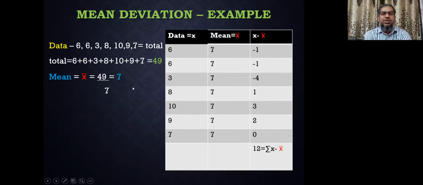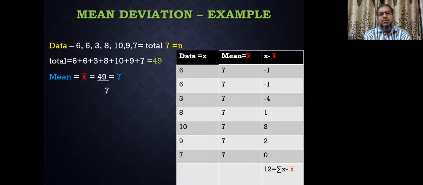Now we have to calculate the difference between the observation and the mean. Here you can see these are the observations which are given, that is x: x1, x2, x3, x4, x5, x6, x7. And this is the mean, which we calculated as 7. Now we take the difference, that is x minus x bar. So 6 minus 7 is minus 1. 6 minus 7 again is minus 1. 3 minus 7 is minus 4.